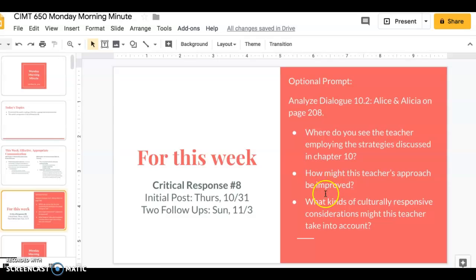And then finally, what kinds of culturally responsive considerations might this teacher take into account? What seems relevant? This will be mostly conjecture on your part because the dialogue is very sparse in terms of context. But thinking about those culturally responsive considerations and how they inform our interactions with students might be a useful exercise.